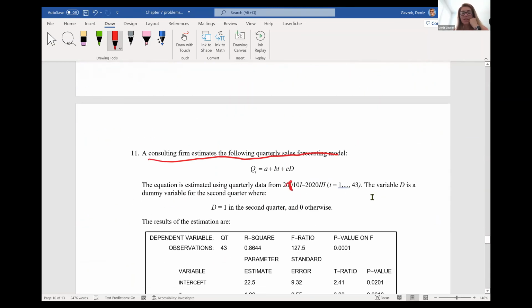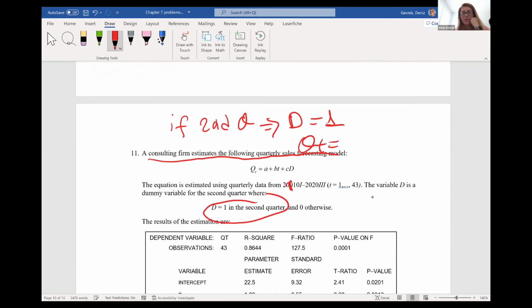I'm going to write this down again. If it's the second quarter, then D takes on a value 1. Therefore, QT becomes A plus BT plus CD, with D equal to 1. So the intercept is A plus C, I apologize, my eyes went to this B, plus BT.